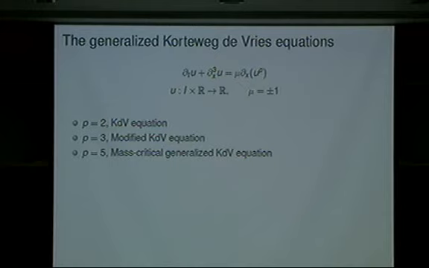The usual KdV equation is the case when p is 2, which means the nonlinear term is quadratic. When p is 3, it is called the modified KdV equation. Those two equations have physical models from water wave theory or plasma physics. But the equation under investigation today is when p is 5. That is called the mass-critical generalized KdV equation.